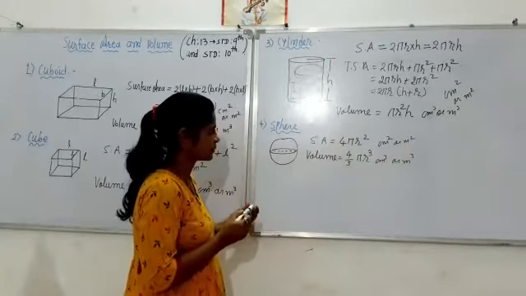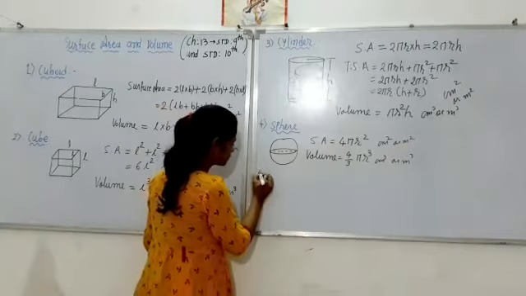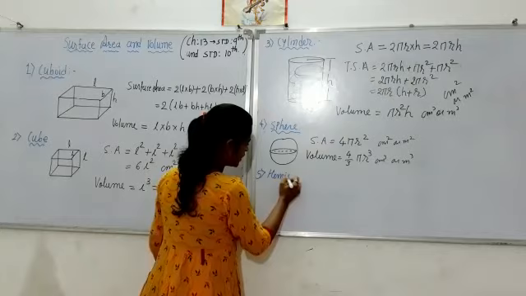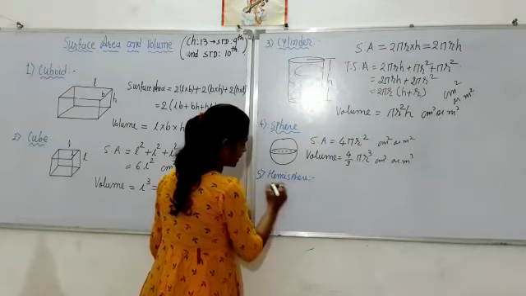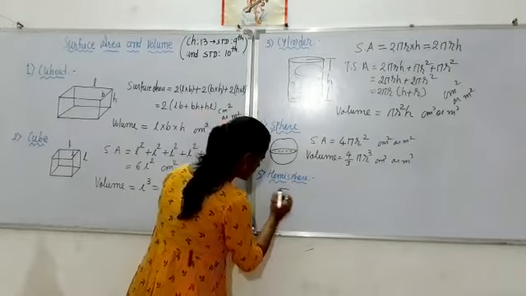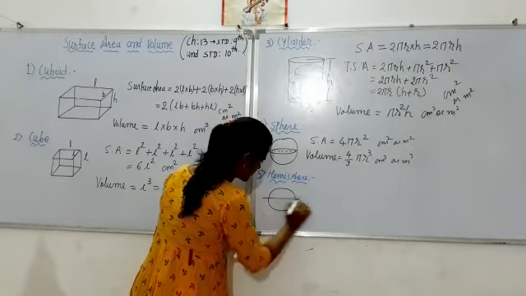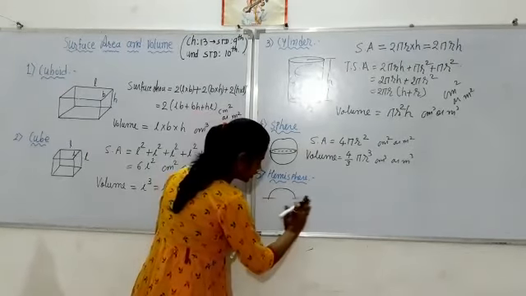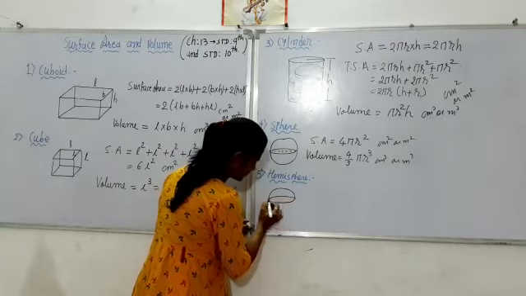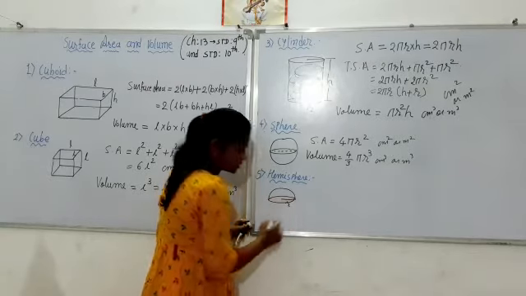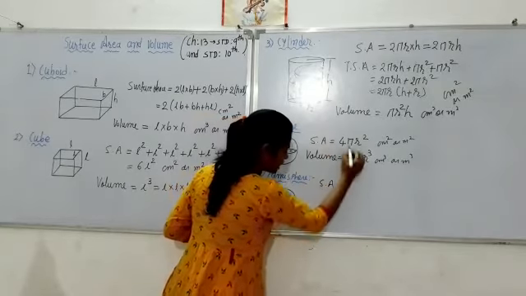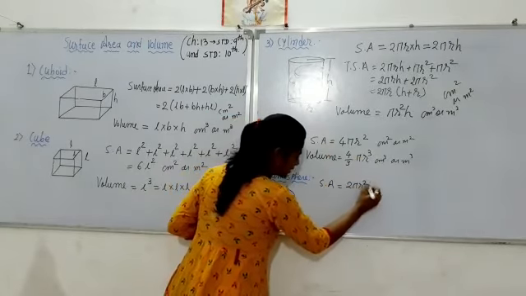Now the fifth shape is the hemisphere. A hemisphere is half of a sphere. This is the sphere and its half portion. This is your hemisphere, and this is its radius. So its curved surface area is half of the sphere's, that means 2 pi r square.